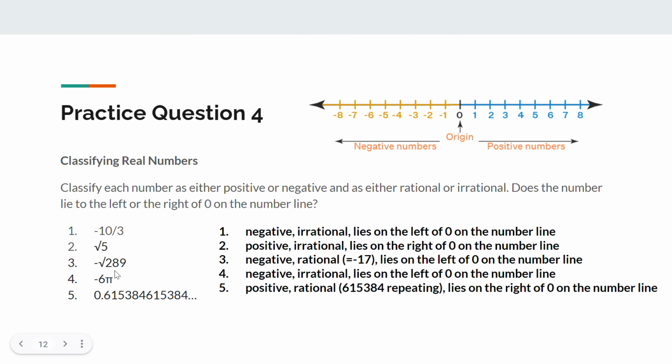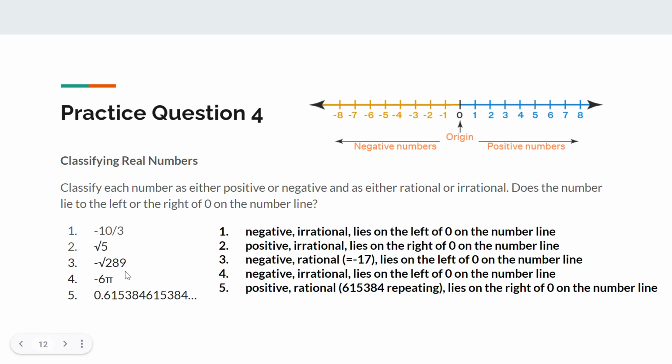And then the fourth one, we have negative 6 pi. We talked about pi before, and we know that it's irrational, so anything times an irrational number is still irrational. So here we have negative, and it's irrational. Again, it lies on the left side of 0.